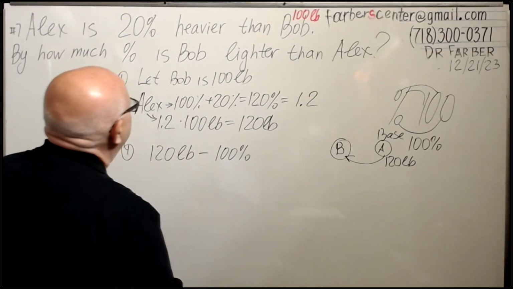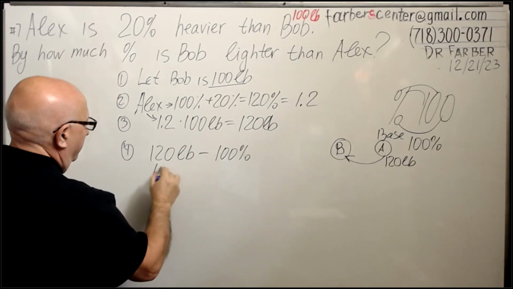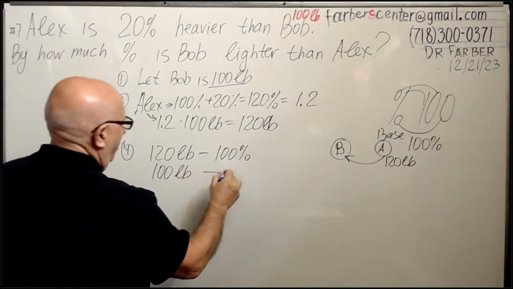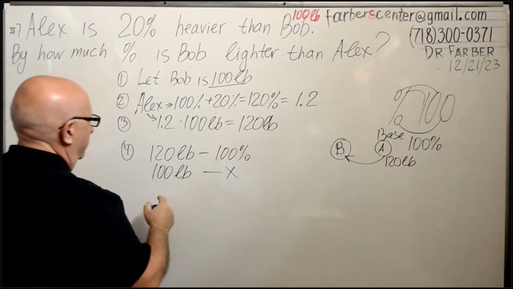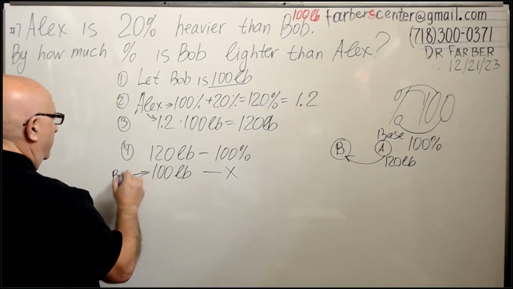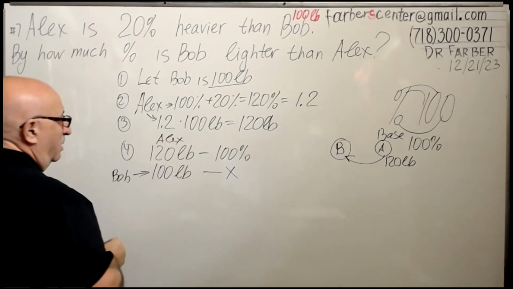And Bob is 100 pounds, 100 out of the 120. I don't know how many percent Bob is of Alex. This is Bob, and this is Alex.